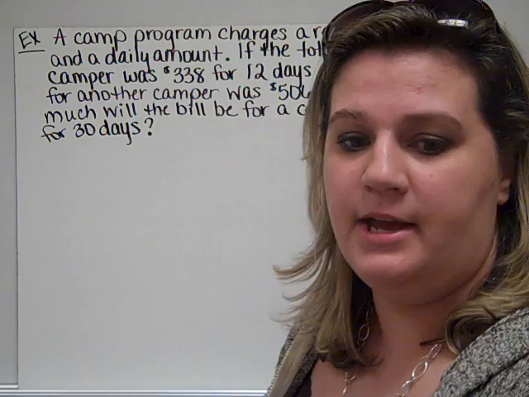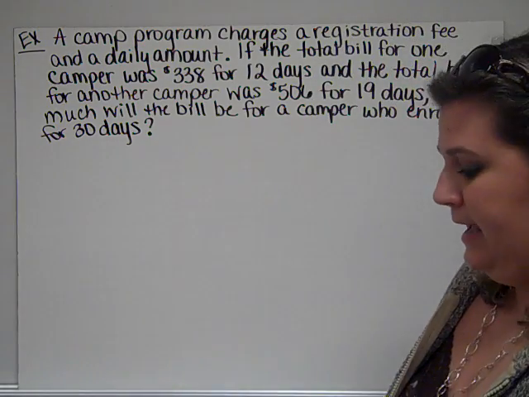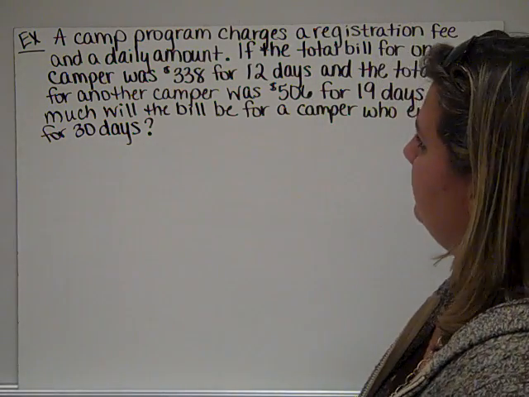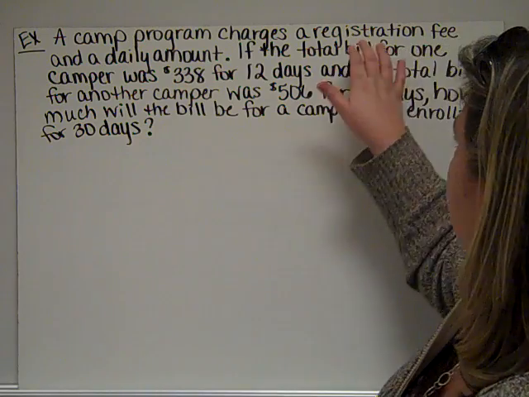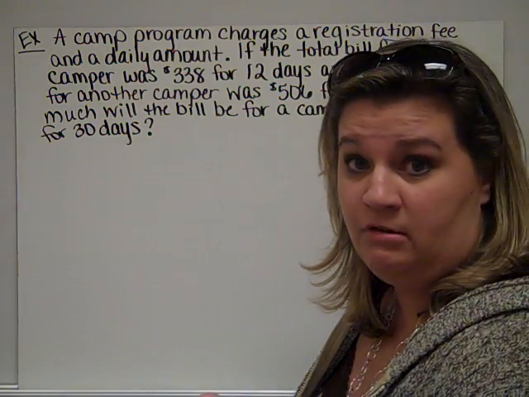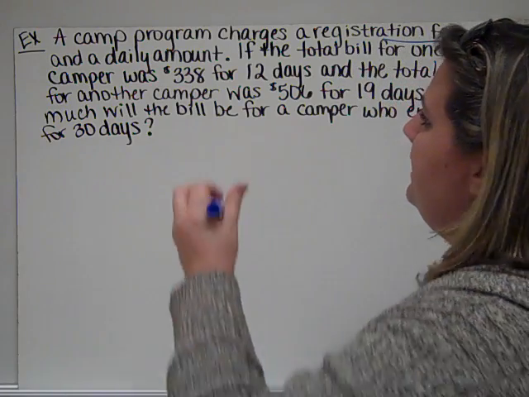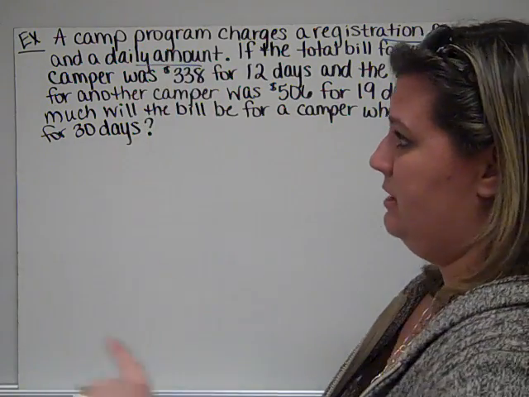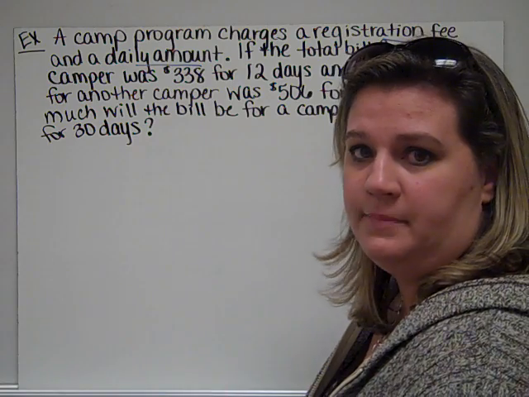All right, last one, you guys. Hang in there with me, okay? A camp program charges a registration fee. That to me looks like a beginning rate, a B, and then a daily amount, so every day it's going to cost something.